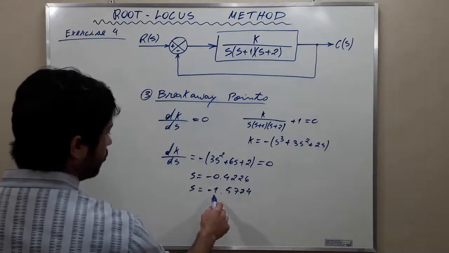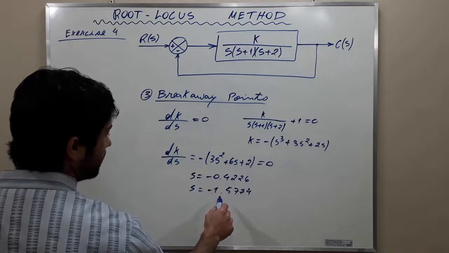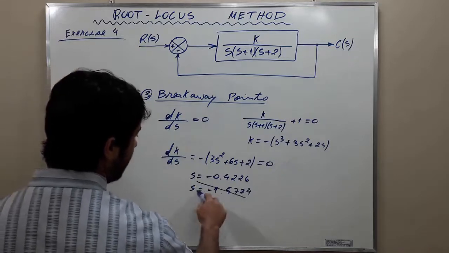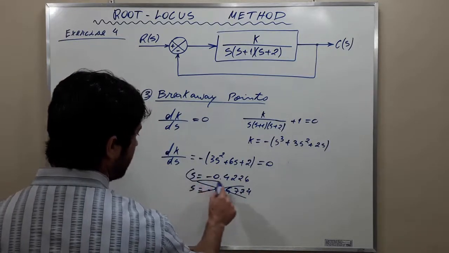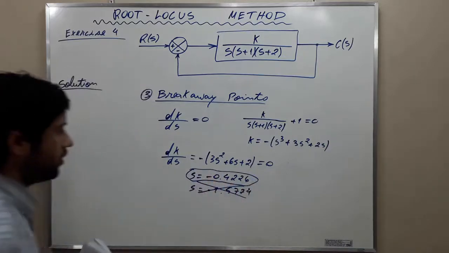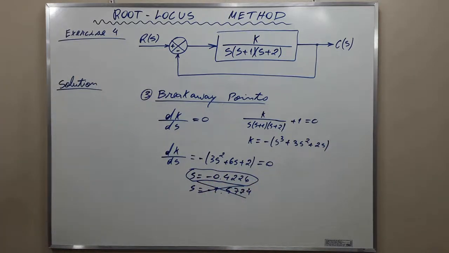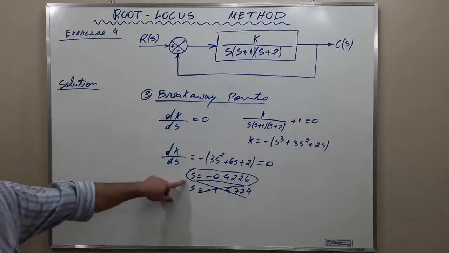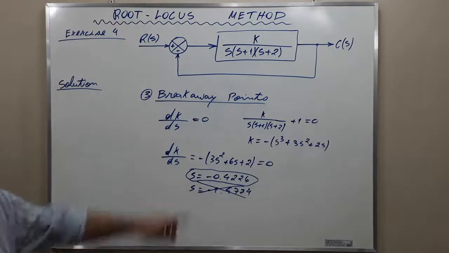S equal to minus 1.5774 is not a breakaway point. Only this is a breakaway point because it has to be along the portion from 0 to -1. Okay? So the only breakaway point is this.